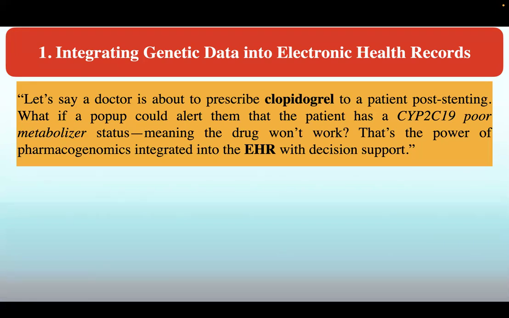I really hope that you know now the meaning of this sentence, CYP2C19 poor metabolizer, meaning the patient could not metabolize clopidogrel as expected. Meaning the drug won't work as efficiently as it should. So that's the power of genomics integration into EHR with decision support.